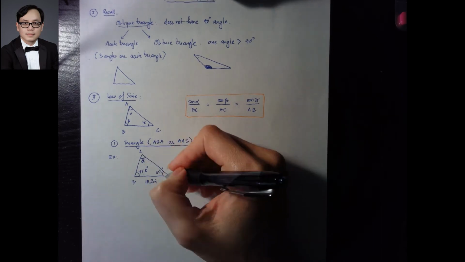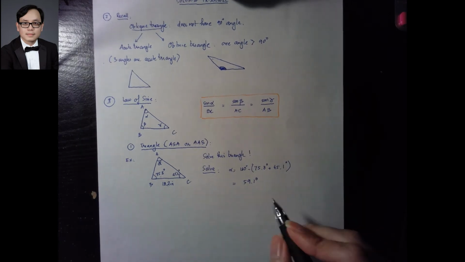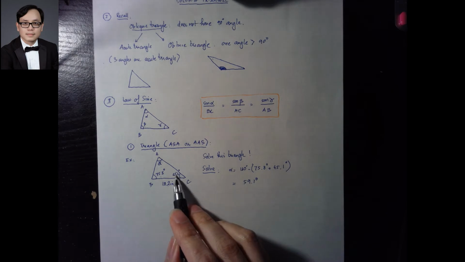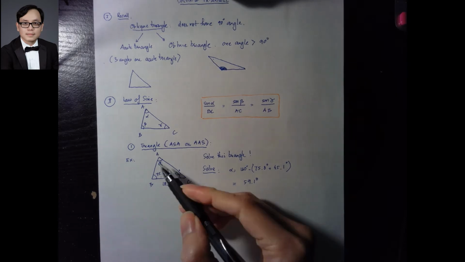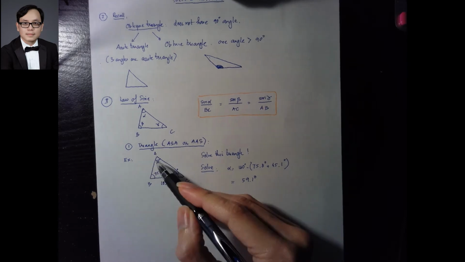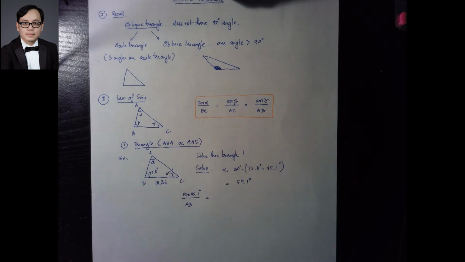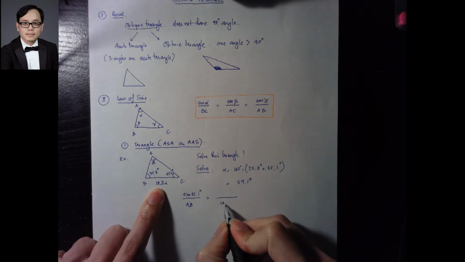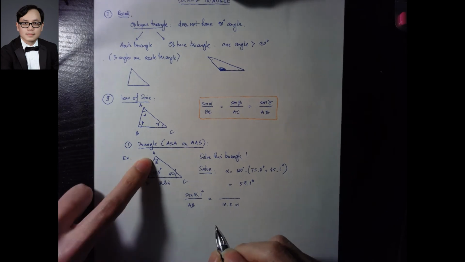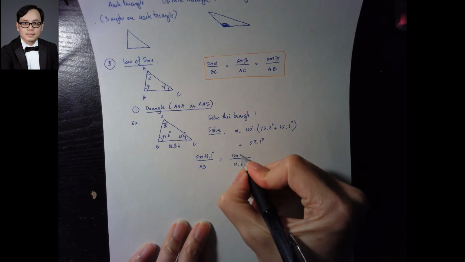And now I can find AB and AC applying the law of sine. So how do we do that? We have sine of 45.1 degrees over the opposite side, which is AB, equal to, we already know BC, which is 10.2 inches, and we know the angle alpha we already calculated, which is sine of 59.1.